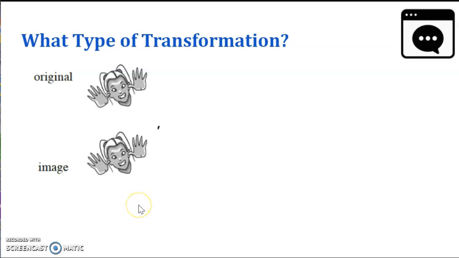Is it translation, rotation, or reflection? What's happening to this shape? It looks like it is just sliding down. The orientation is still the same because the girl is just looking up, and the shape and size are everything the same. So what sort of transformation is it? It is translation.